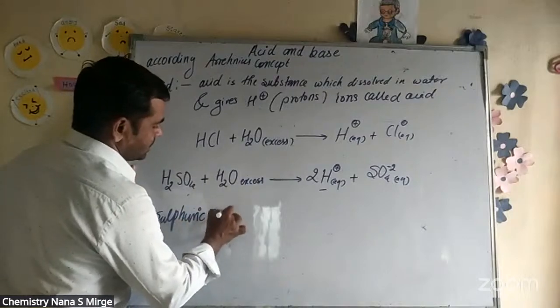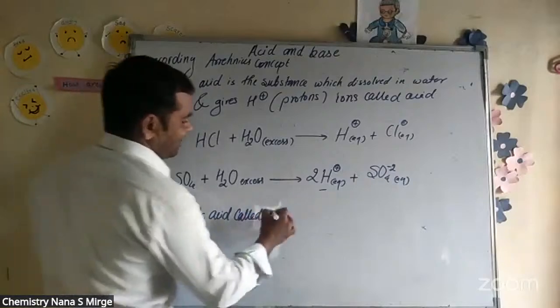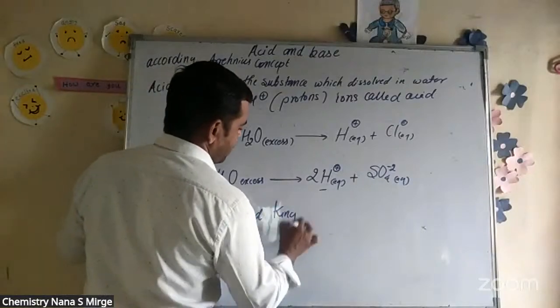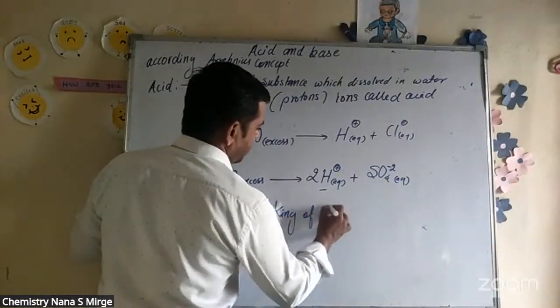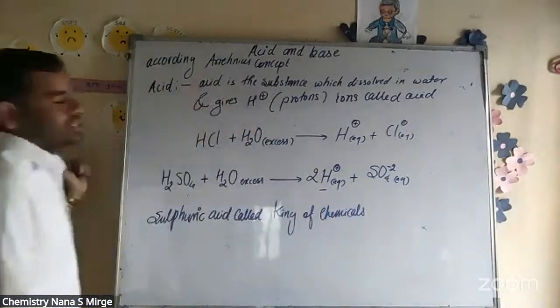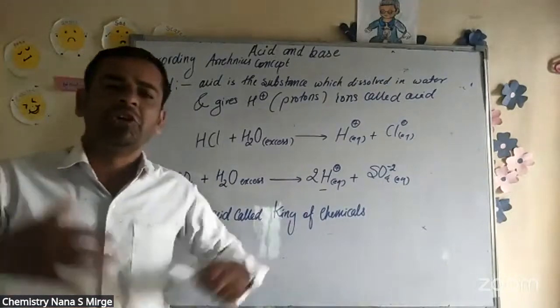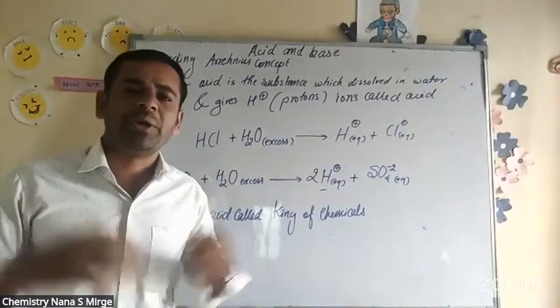Sulfuric acid is called the king of chemicals because it is used in so many industries, in chemical industries.